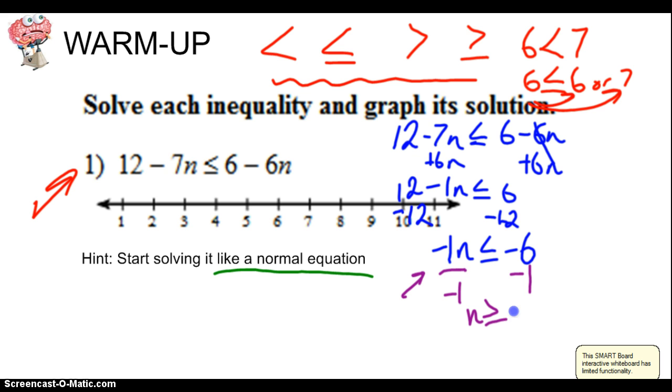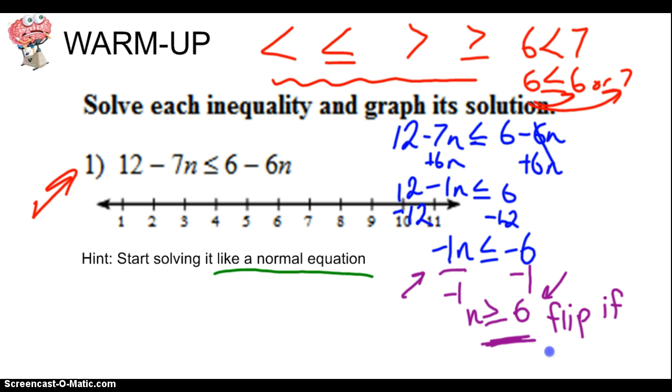That's going to be positive 6. Must flip the inequality. And we'll talk about why that happens in class next time. I'm not going to do it in here. But just remember that you need to flip if you multiply or you divide by a negative number. Okay, flip that inequality.